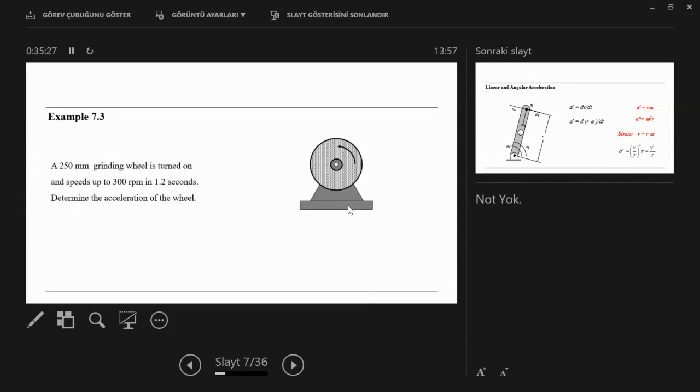This is the time axis, and this is, let's say, the RPM. RPM from zero start, comes to this level, and this level, you may take grinding here, this is the diameter, is turned on, speed up to 300 RPM, and time is 1.2 seconds. Determine the acceleration of the wheel.